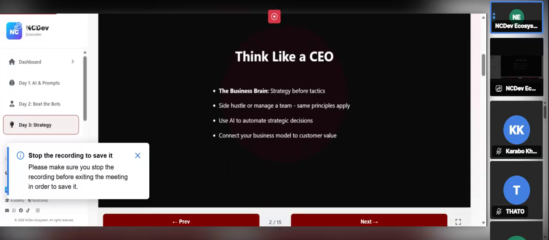For today's session, we're going to think like a CEO. Thinking like a CEO means we look at strategy first, before we look at tactics, in terms of how we're going to get there.